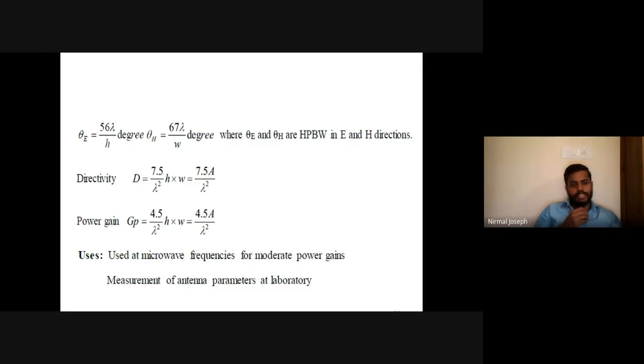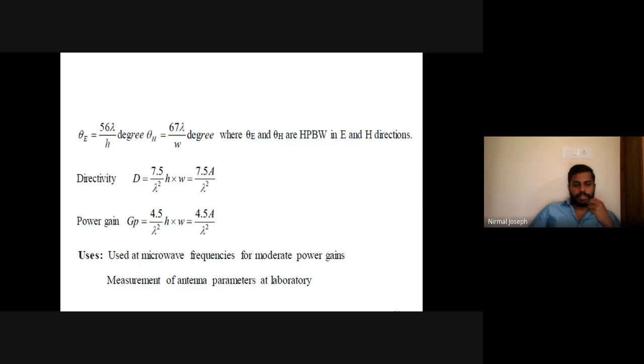These are just equations; there is no need to design anything. Just remember those equations. Then power gain is 4.5 lambda by h lambda square, which is equal to 4.5 A divided by lambda square. W is the power radiated. You should remember that.